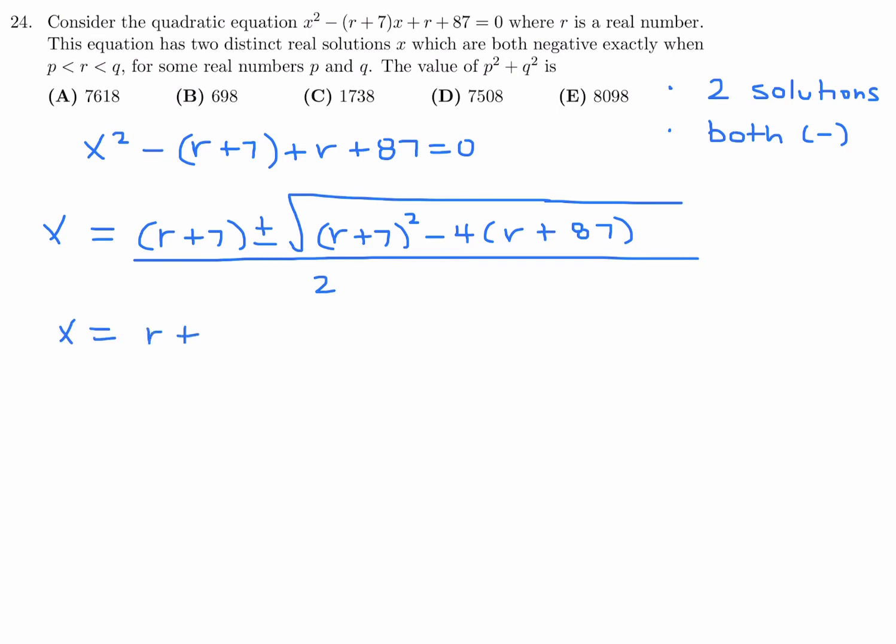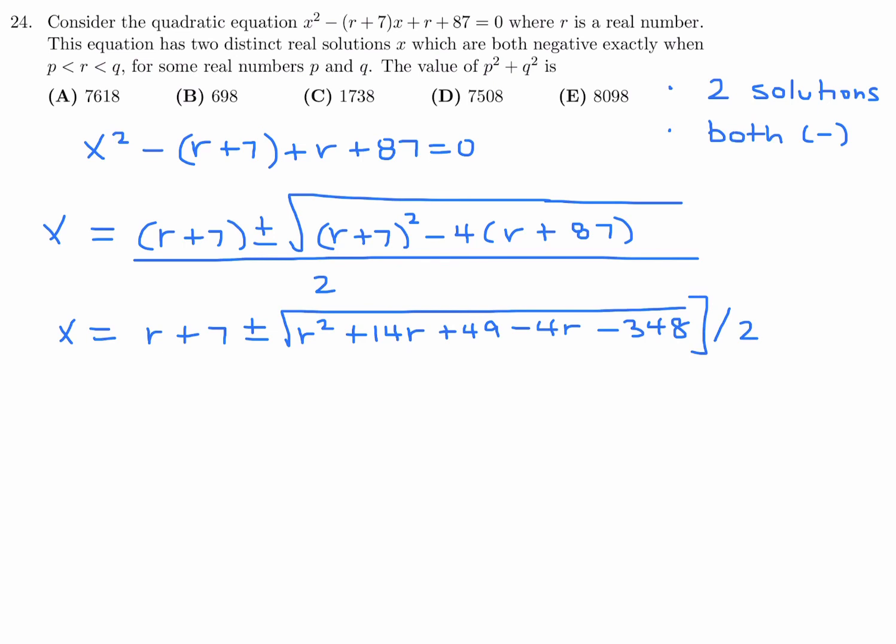Okay, so this is r plus 7 plus or minus the square root of, when you expand this out, r squared plus 14r plus 49 minus 4r minus 348, all over 2. So let's see here, r plus 7 plus or minus the square root of, when you combine this, r squared plus 10r minus 299.